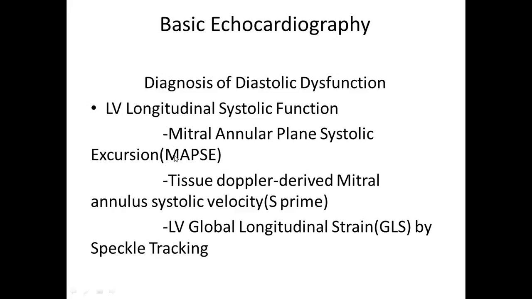M mode gives the so-called MAPSE, mitral annular plane systolic excursion. This is a linear measurement because you're using M mode. If you want to get a velocity, then that's when you use your tissue Doppler derived mitral annular systolic velocity. You get the S prime.